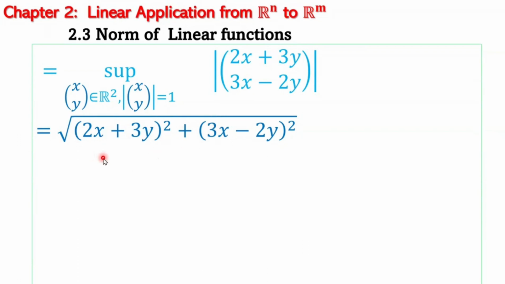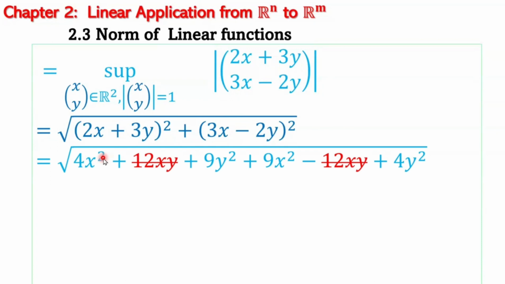Then we expand and open the brackets. This is 4x squared plus 12xy plus 9y squared, plus 9x squared minus 12xy plus 4y squared. The minus 12xy and plus 12xy cancel out.